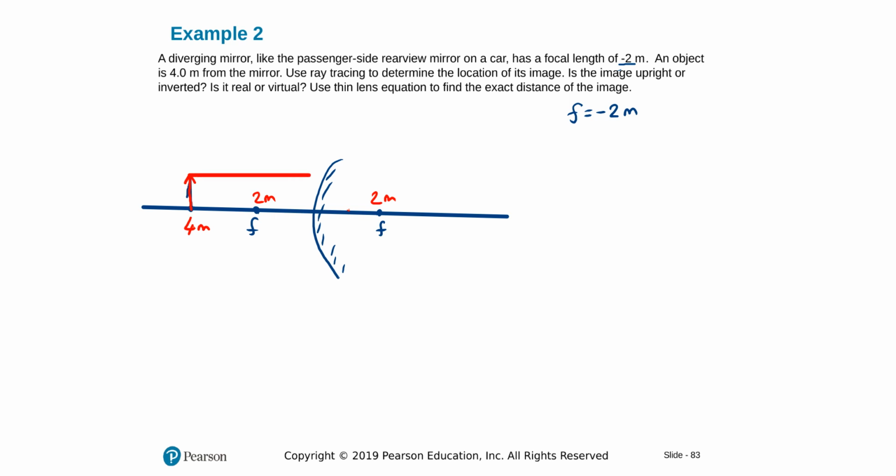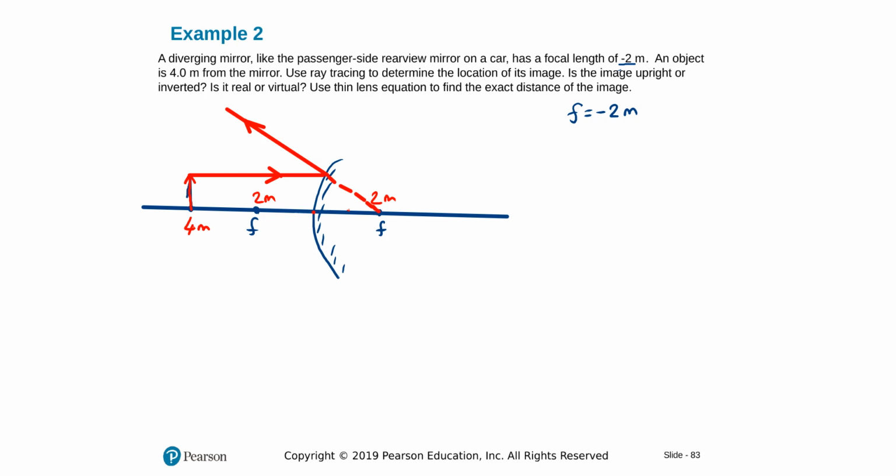Send a parallel ray, right? It will reflect in a way that its extension is passing from the focal point. I can send one to the tip and send the reflected with the angle. That would be a good way to go here.